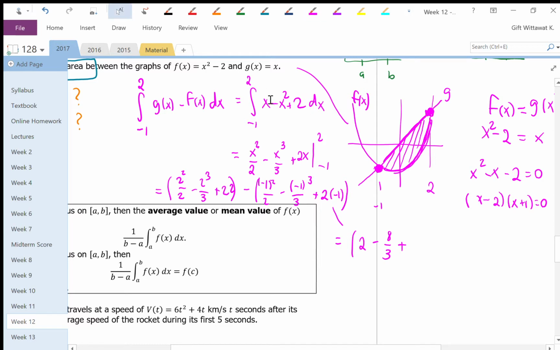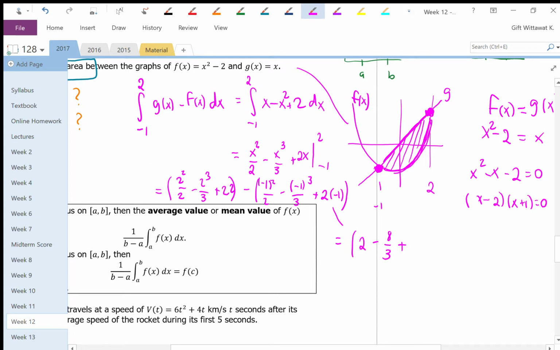In case you didn't catch me, I made a little mistake earlier. When I integrate 2, it becomes 2x. So this should be 2 times 2, and this should be 2 times negative 1.